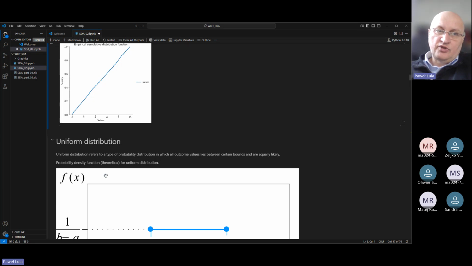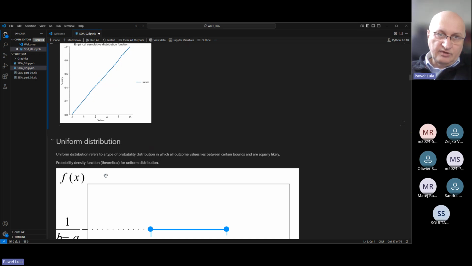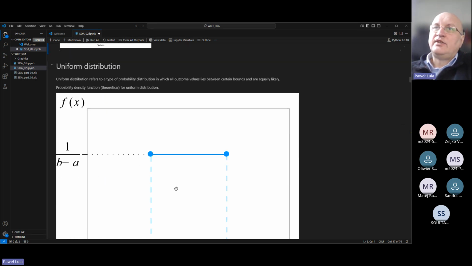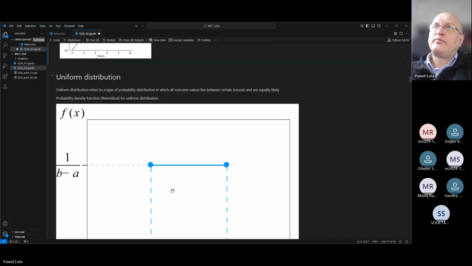Uniform distribution. Our data, which we use in the first example, are generated using this distribution, uniform distribution. How to define this distribution?